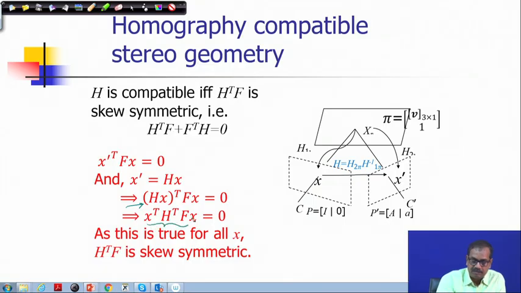Once again, this is true for every x, because these are all the same image point. So, H transpose F is a skew symmetric matrix from the property of a skew symmetric matrix.